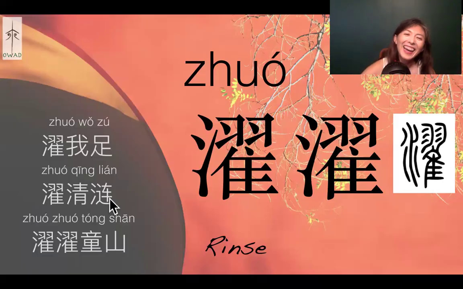So I'm trying to describe what 濯清廉 would mean, and you have to picture the lotus in there. Probably one day I can go through this very famous poem. Every middle schooler in China had to memorize that because it promotes the virtue of the lotus being pure. All right.